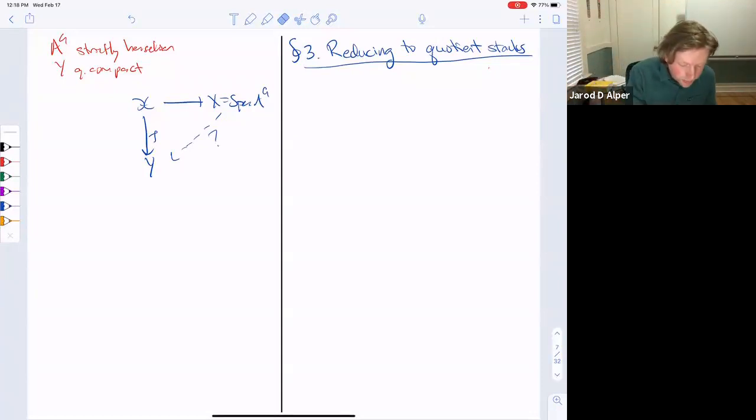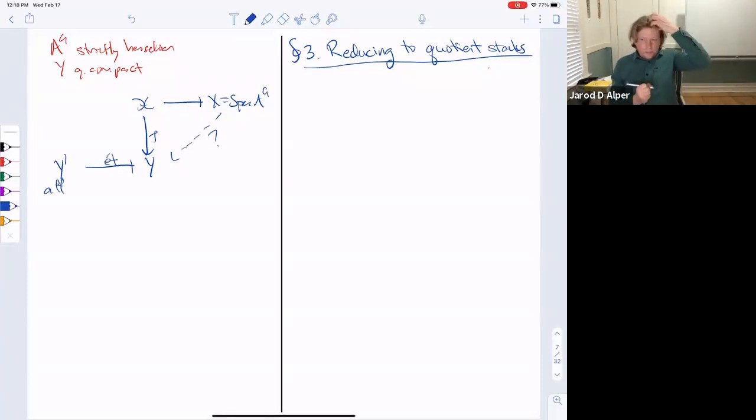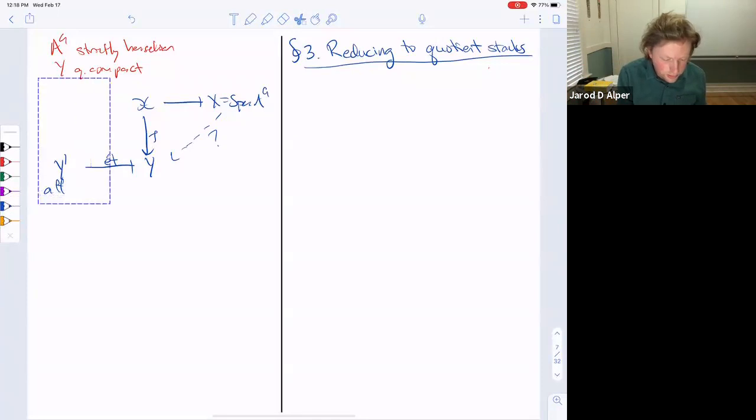And since Y is quasi-compact, we can choose Y prime affine and in a tau presentation.